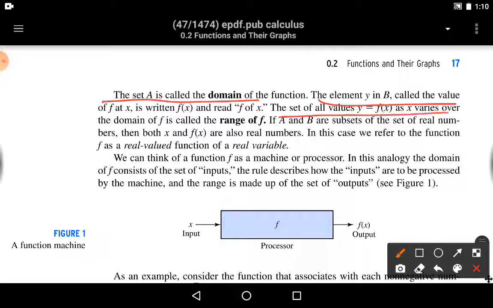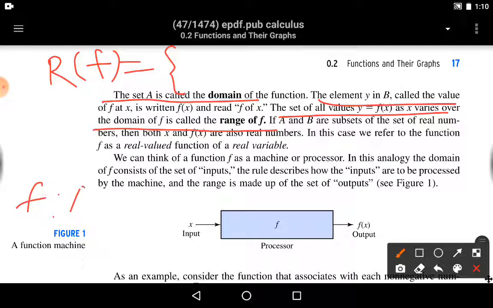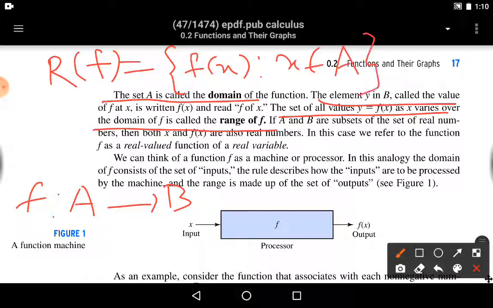And the set of values y equal to f of x, as x varies over the domain of f, is called the range of f. So the definition of the range of f is: if f is a function from A to B, then it is the set of all f of x such that x belongs to A. That is, we take the values of f at each point x in A and collect them together, then it is called the range of f.